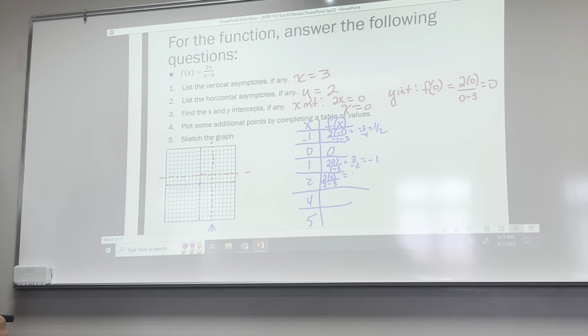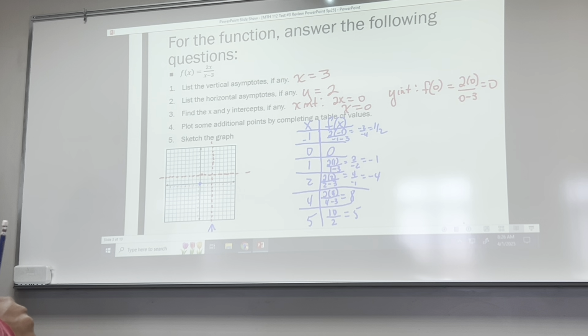What's that? 4 over negative 1, so negative 4. If I put a 4 in for x, 2 times 4 is 8. 4 minus 3 is 1, so that's just 8, isn't it? And if I put a 5 in, 2 times 5 is 10. 5 minus 3 is 2, 10 over 2 is 5.